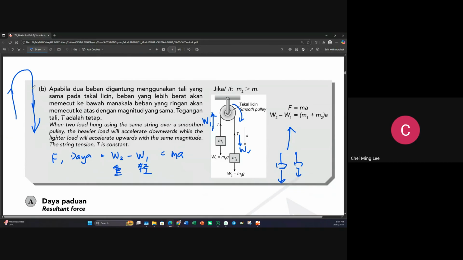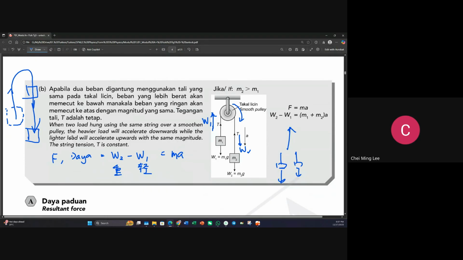Correct? Right? So the initial M1, after that you will move here and here. So both move with the same acceleration. So the force will be this one and this one, because both loads are on the same side. When you pull, of course it will pull over, right? It's on the same string.